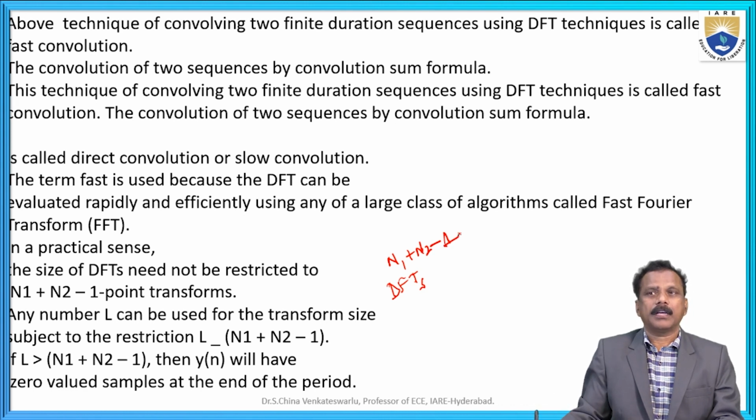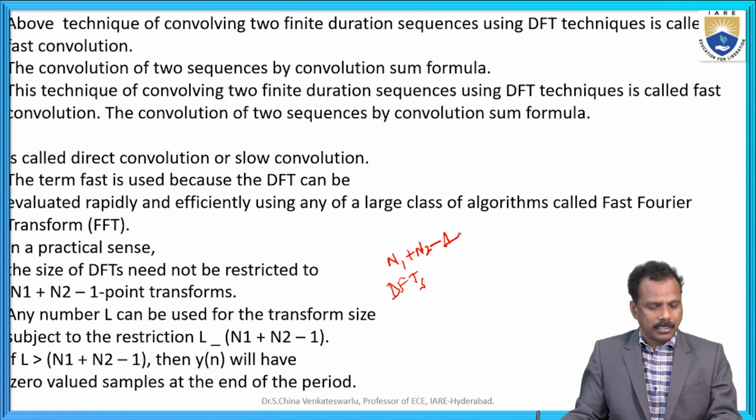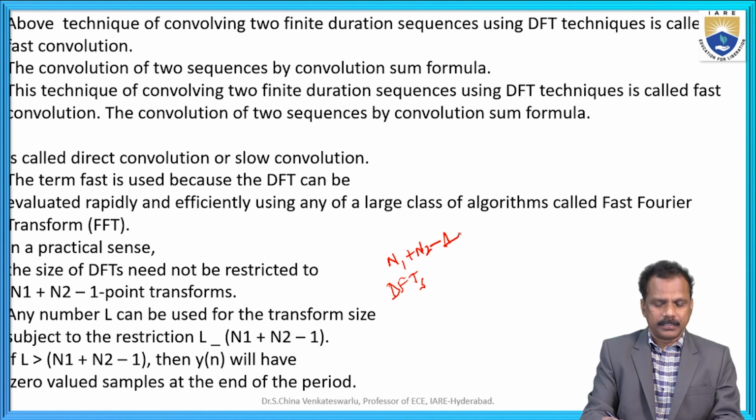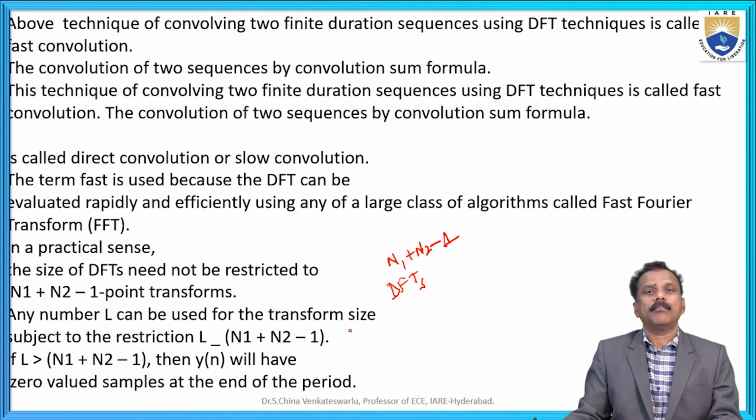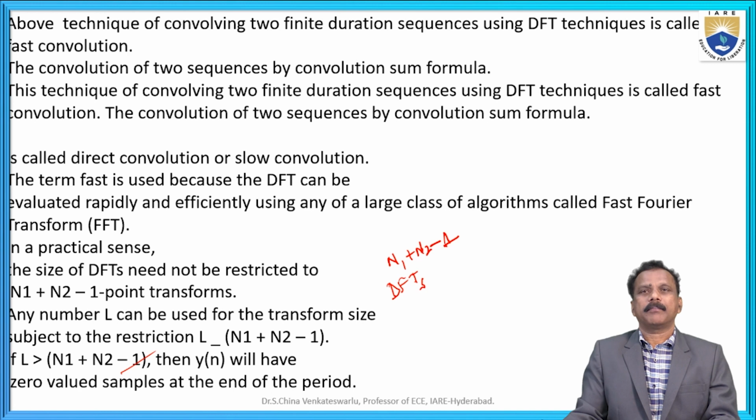Any number L can be used for the transform size, subject to the restriction L greater than or equal to N1 plus N2 minus 1. If L is greater than N1 plus N2 minus 1, then y of n will have zero valued samples at the end of the period.